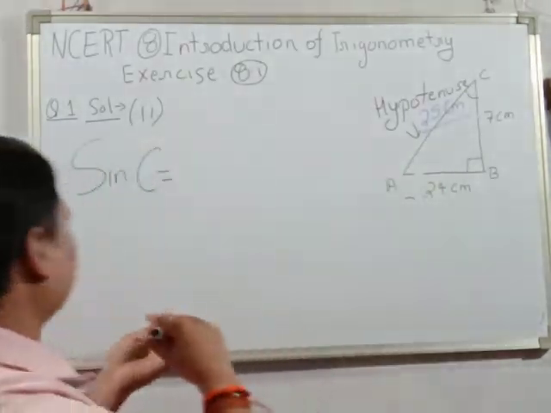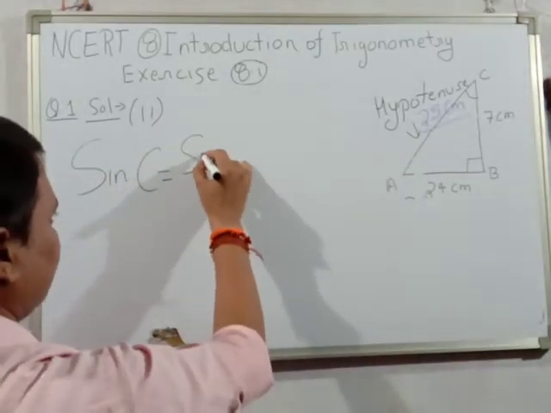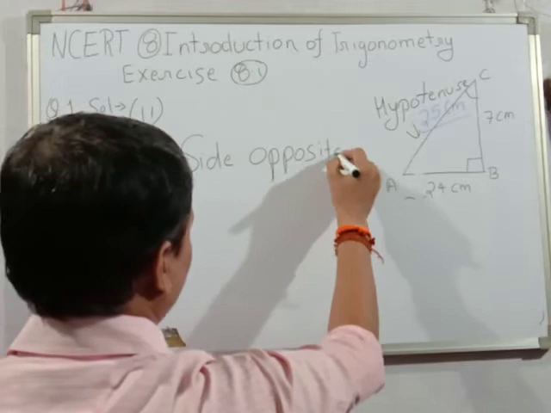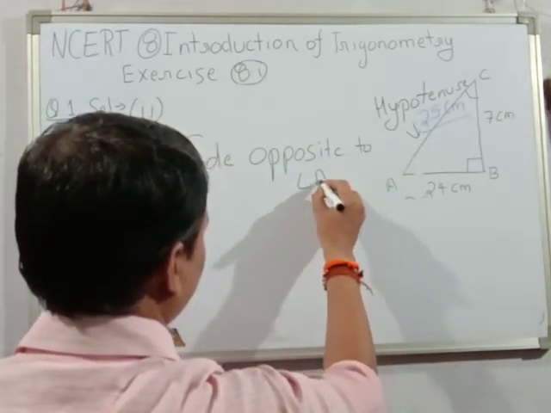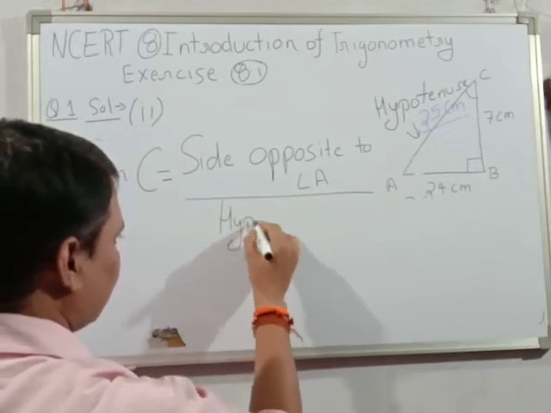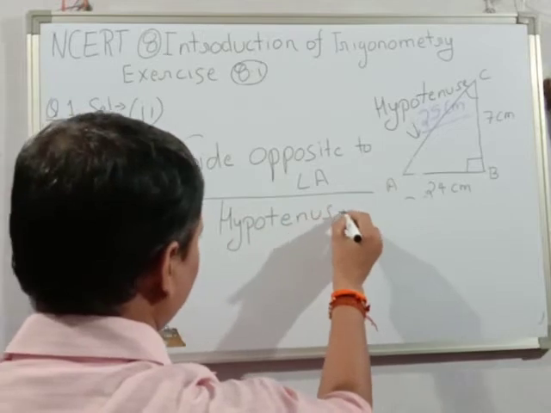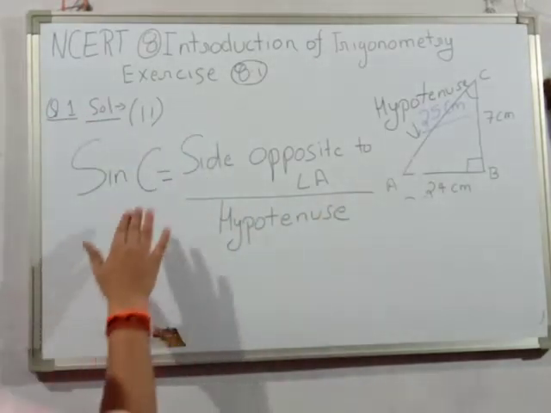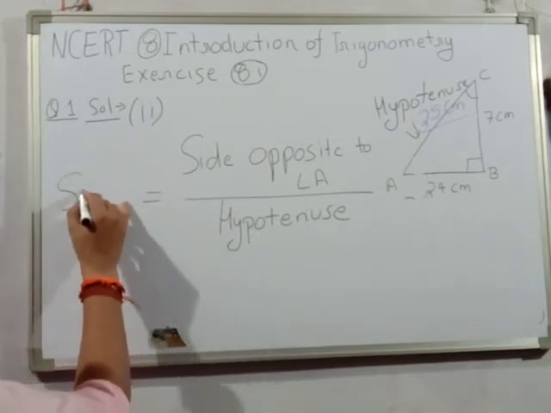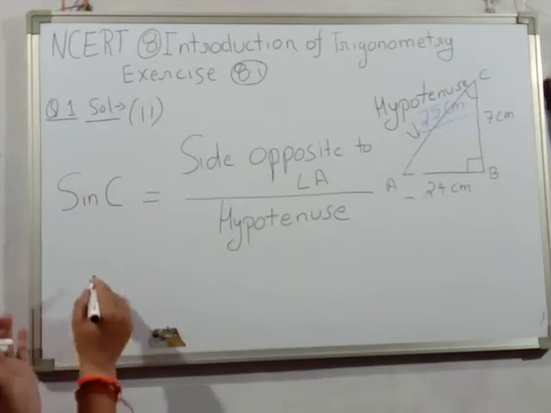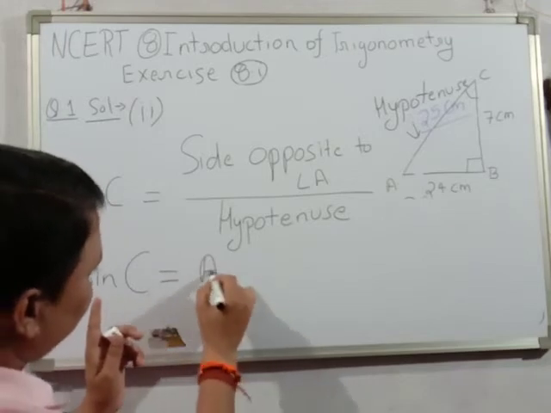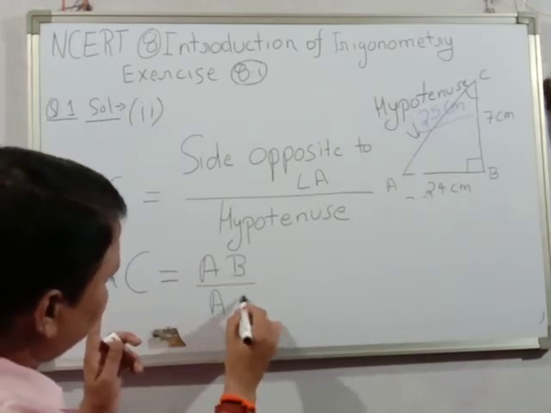Okay, write here the formula. Side opposite to angle C divided by hypotenuse, that is sin C. Sin C is AB by AC.